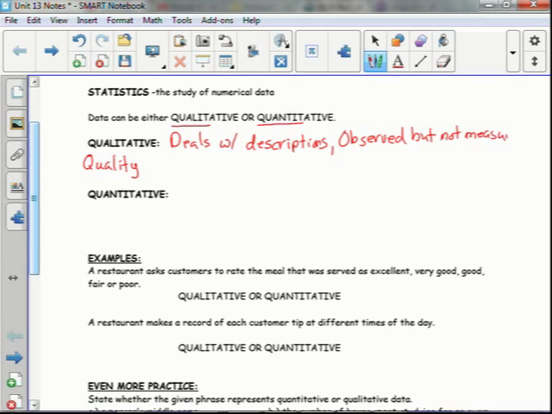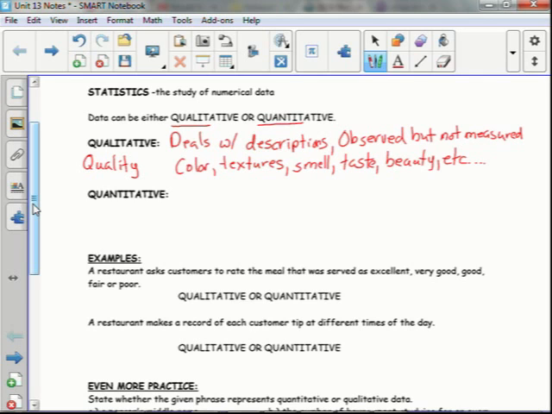Some examples of qualitative data would be the color of something, the texture, how it smells, the taste, the beauty of something, etc. Those are all qualitative descriptors.